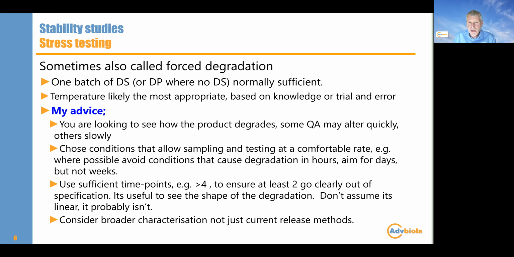For instance, if you've got a genetically modified cell that is frozen, or even if it's not frozen, the in-use stability is going to be hours at room temperature, and therefore you've got rather little choice. But when you're doing a forced degradation study or a stress study, then it's up to you really to try and find the right conditions to make it convenient to do the characterization.